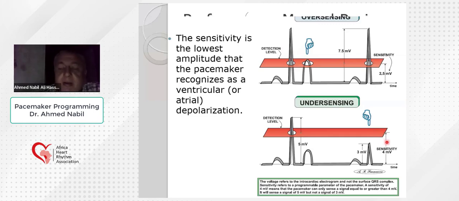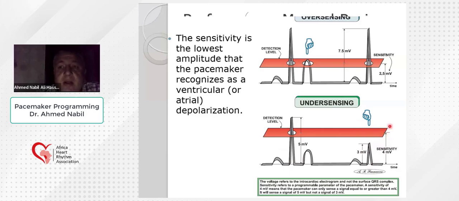On the contrary, if the sensitivity value is very high, up to the level that sometimes the QRS complex is sensed when it is more than 4 millivolts, and sometimes it is not sensed when it is less than the sensitivity value, this means that this sensitivity value will not ensure consistent, reliable sensing.